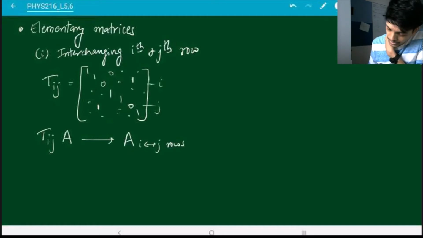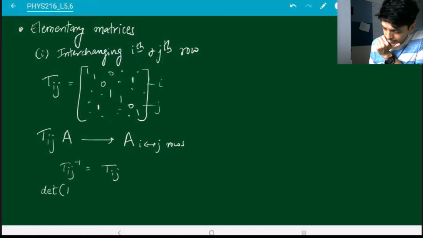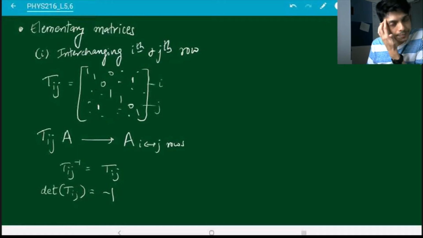Now, some properties of this matrix Tij. Tij inverse you can calculate is just Tij. The second thing you will observe is that the determinant of this matrix Tij is -1. This follows from the fact that if you interchange two rows in a matrix, its determinant changes sign.